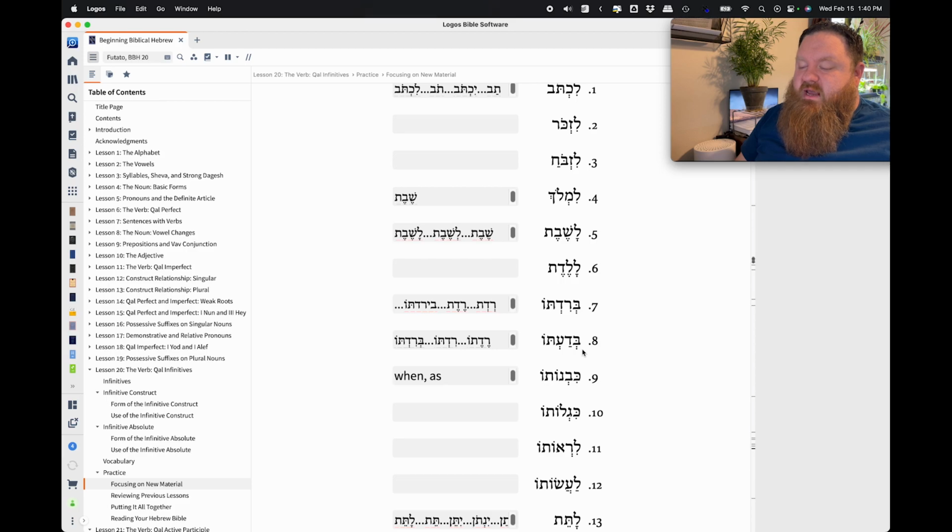Or if you want to use it as a beit of means, the means by which something happens, you could translate this as by knowing him. Now you'll notice I'm translating that with an ing verb, not a to blank verb, because it just doesn't work in English. We don't use infinitives in English the way Hebrew uses them. And so if you were to try to translate this as a to blank verb, you get something like by to know him. And that just doesn't work in English. So in English, you would translate this more like by knowing him.